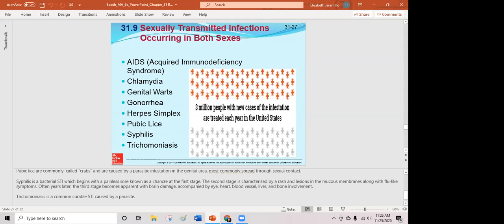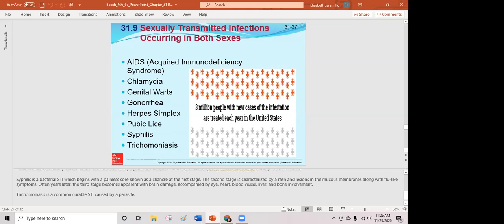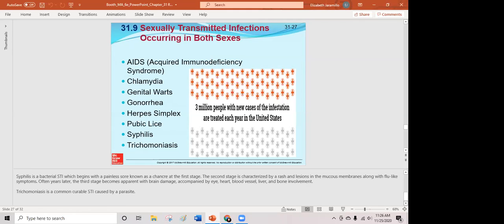The second stage is characterized by a rash and lesions in the mucous membranes, along with flu-like symptoms. Often years later, the third stage becomes apparent with brain damage accompanied by eye, heart, blood vessel, liver, and bone involvement. Syphilis is pretty scary, if you ask me. Trichomoniasis is a curable STI caused by a parasite, and again is transferred through sexual contact.